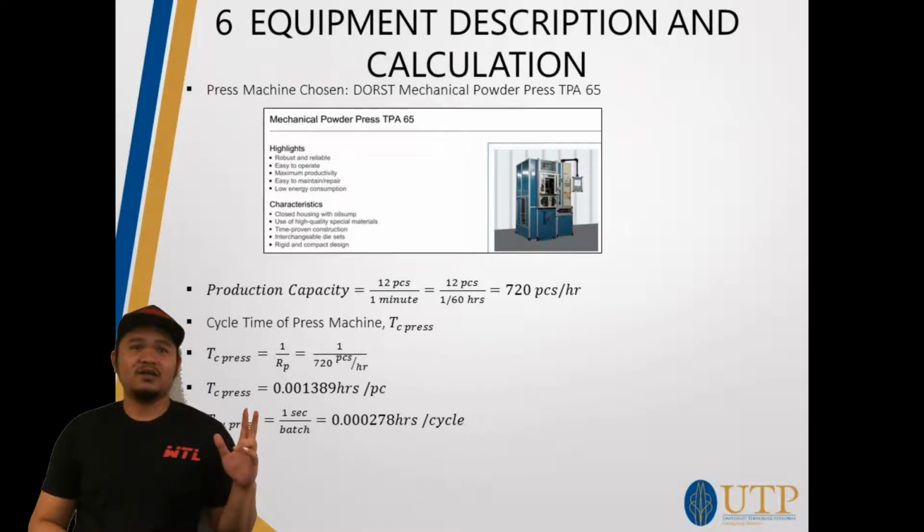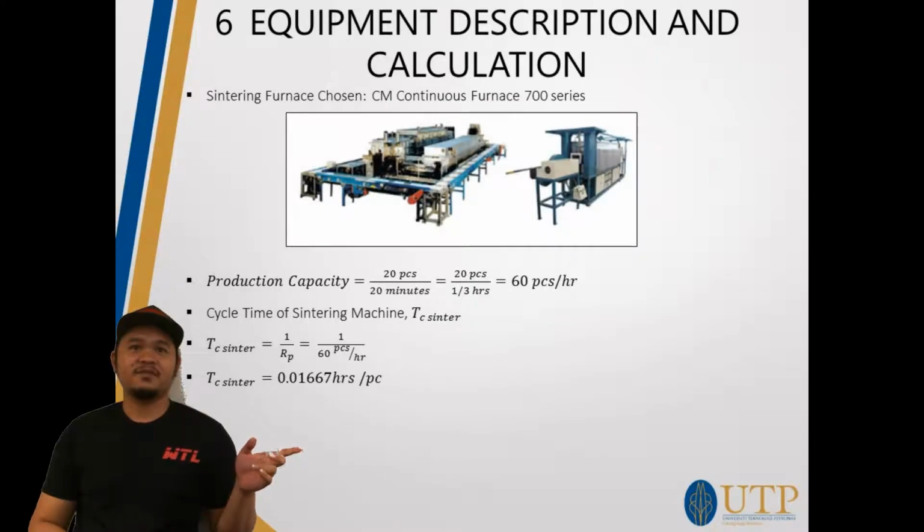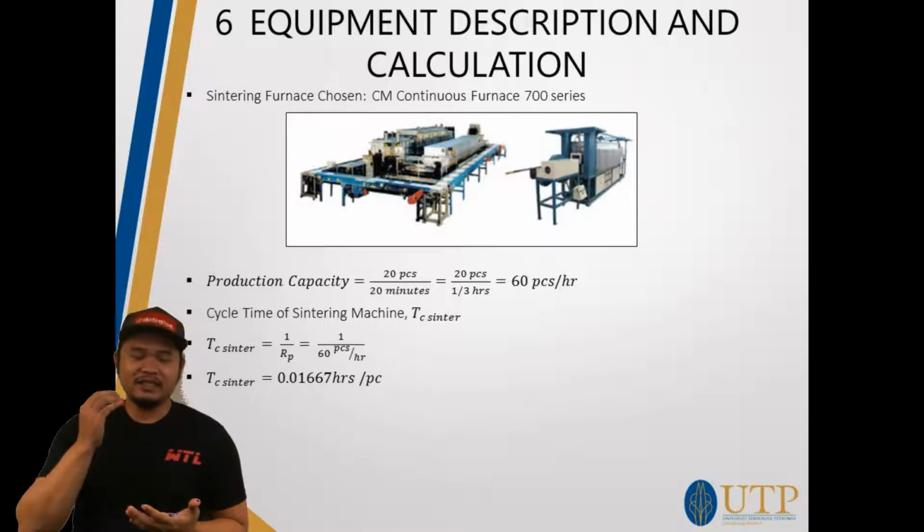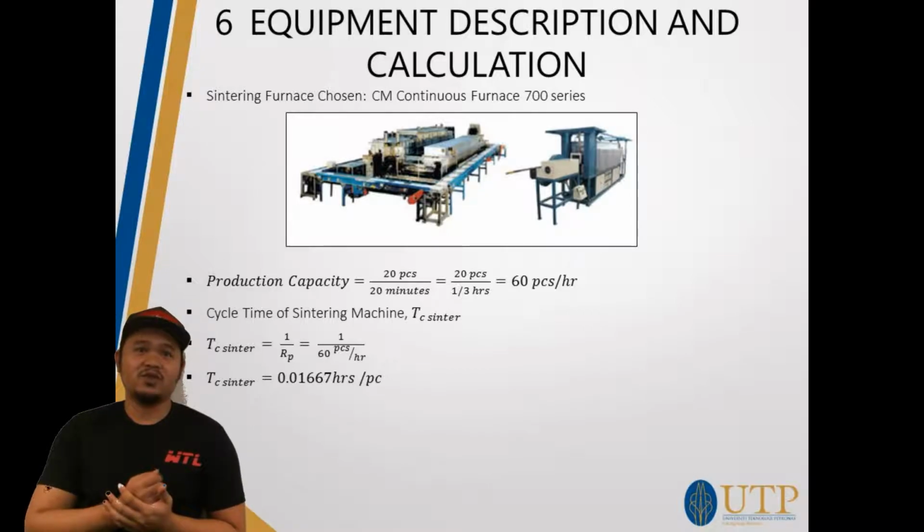Then going to the sintering furnace. The formula is the same, so we can get the production capacity, which is 60 pieces per hour. The cycle time we can get 0.01667 hours per piece.